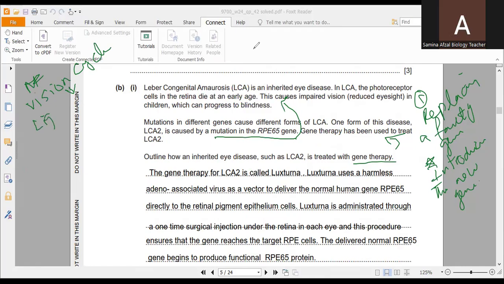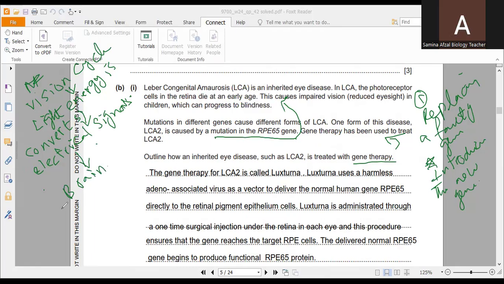In the vision cycle, light energy entering the eye is converted into electrical signals, and then these electrical signals are sent to the brain.